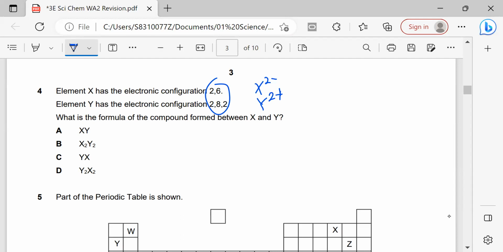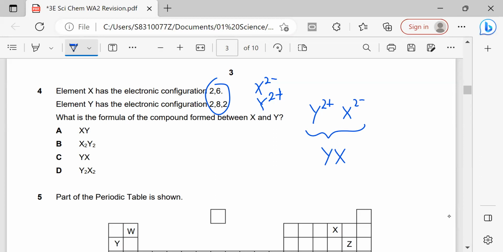On the other hand, when we write our chemical formula, we always have to write the metal portion first. Therefore, I'm going to rearrange the ions here to have Y2+ in front and X2- behind. Subsequently, the formula that you will get will be YX, because both of them have a charge of 2.